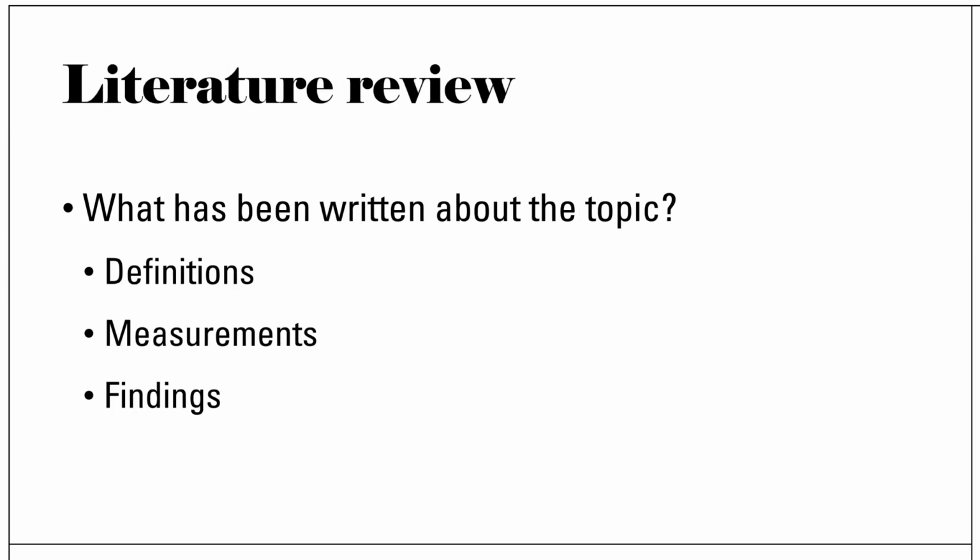Another part of your research paper is called the literature review. Basically, in this part, you review and summarize what has been written about the topic. You can review the definitions about the concepts that you are investigating, how those concepts are measured, or the measurements of those concepts, and of course, the main findings that have been published about the topic.